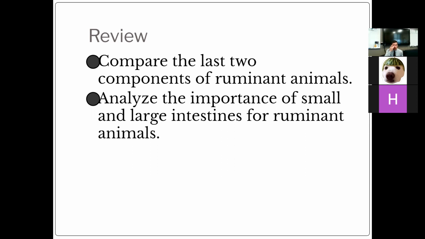That is going to break down that food material and allow it to be absorbed in the small intestine mostly. But then the large intestine is designed to extract the water that is needed so that what is excreted is as solid as possible.